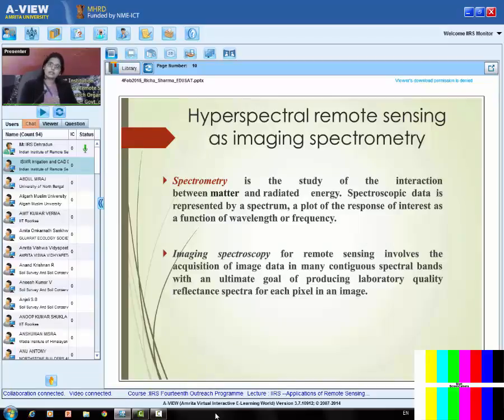So this spectra can be compared with the laboratory spectra, and the mapping of that particular material can be done by matching the spectra generated through the image to the spectra generated in the laboratory.